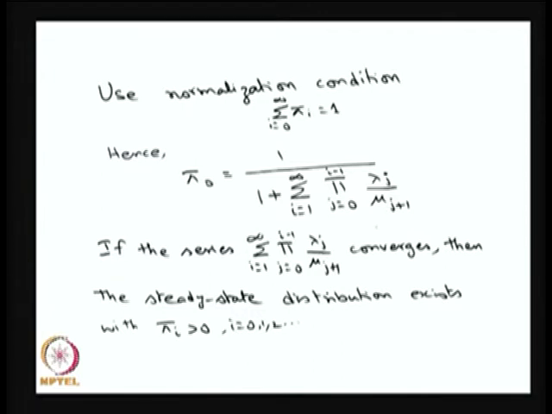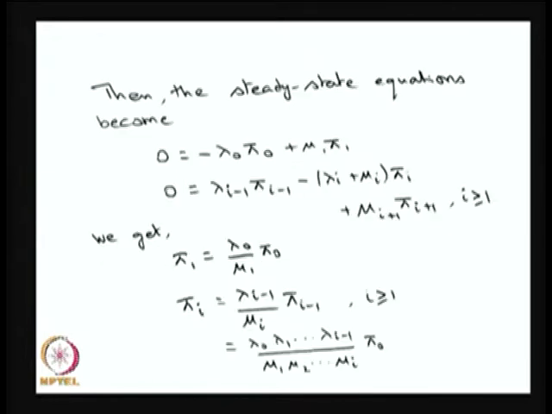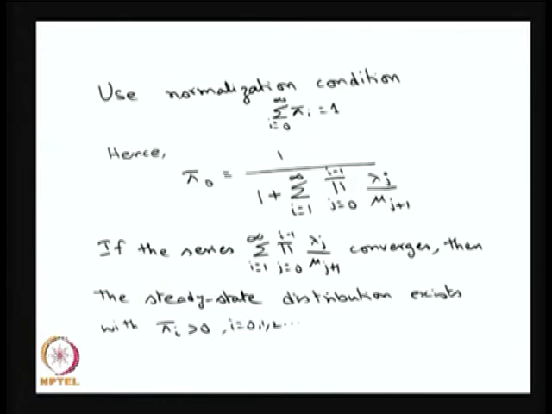Since we need steady state probabilities and all the pi i's are in terms of pi naught, as long as the denominator converges, you will have pi 0 greater than 0. Once pi 0 is greater than 0, we get all the pi i's with the summation of pi i equal to 1. So whenever this series converges, I will have a steady state distribution with positive probabilities, and the summation of probabilities is going to be 1.